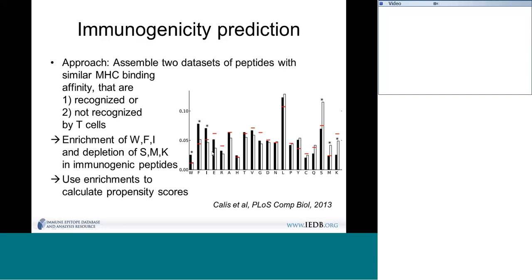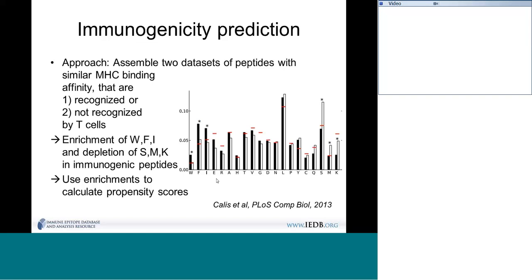For both tryptophan and phenylalanine, this has been described previously in purely experimental studies, where it's found that long side chains in these residues are more likely to interfere with TCR-MHC complex formation and thereby trigger TCR signaling. Some other residues like serine, methionine, and lysine show the reverse pattern. They are less frequently found in immunogenic peptides.